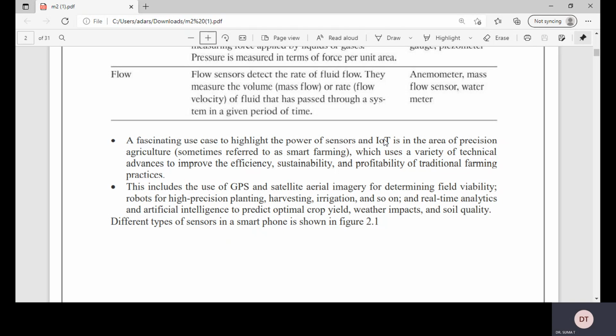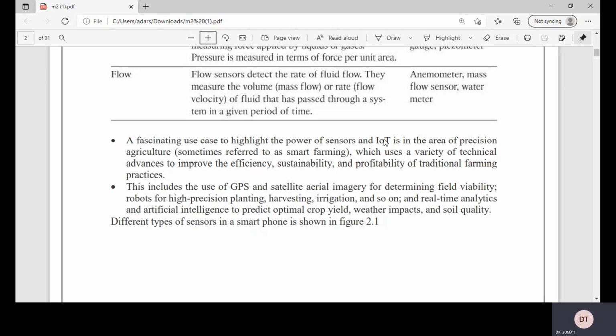A fascinating use case that highlights the power of sensors and IoT is in the area of precision agriculture, sometimes referred to as smart farming, which uses a variety of technical advances to improve the efficiency, sustainability and profitability of traditional farming practices.